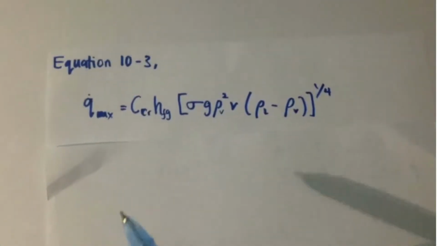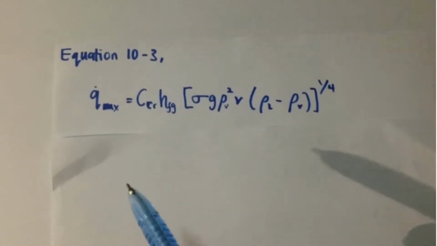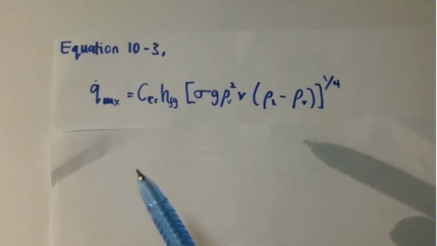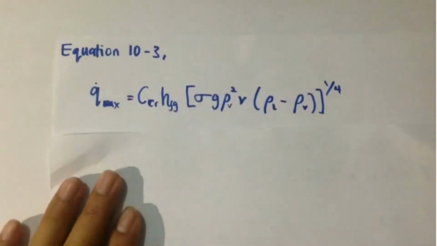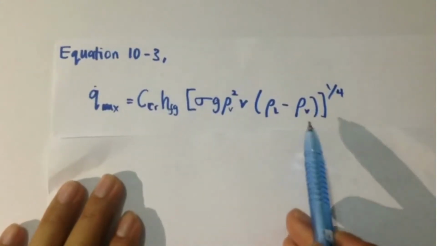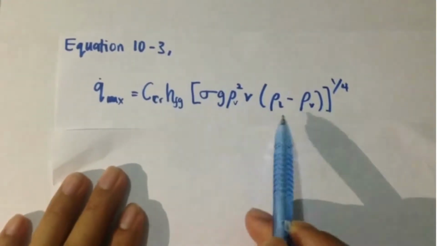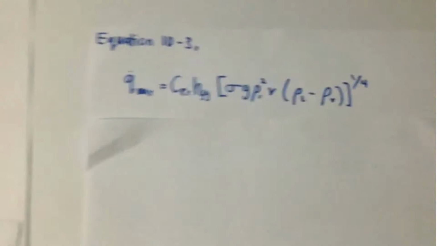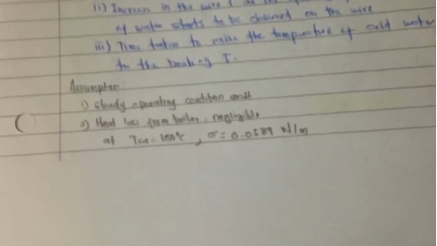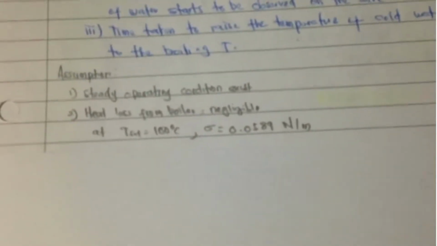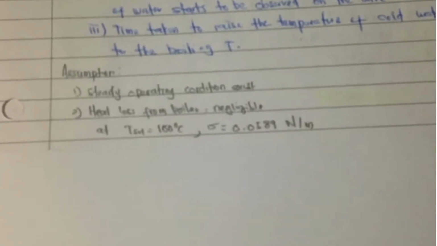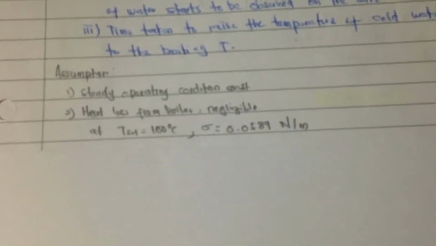So this is the equation for the critical or maximum heat transfer, equation 10.3, and we need to substitute all the information from the properties. First, we need to have assumptions. First one is a steady operating condition. Second is that heat loss from the boiler is negligible.